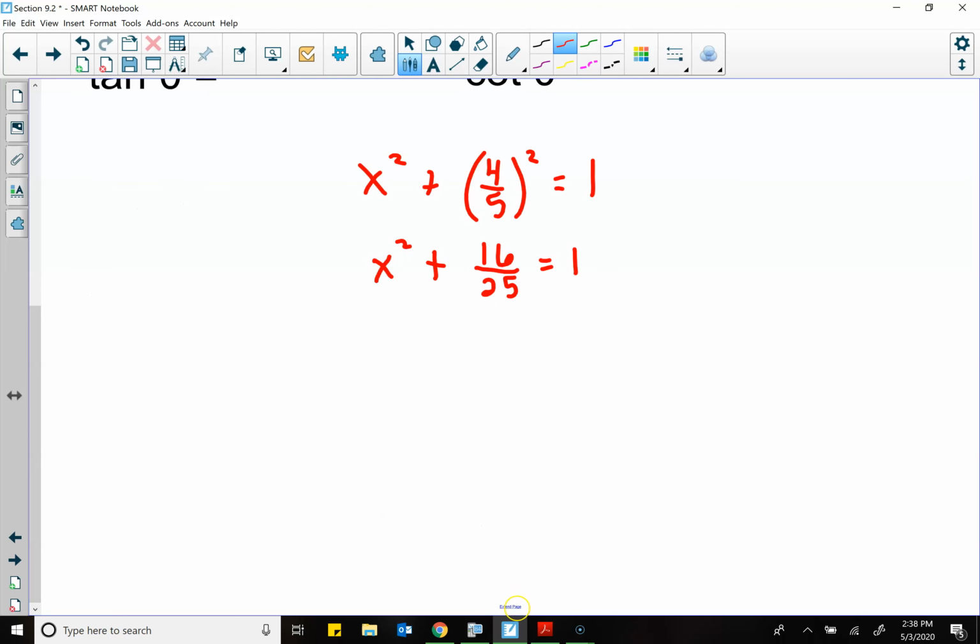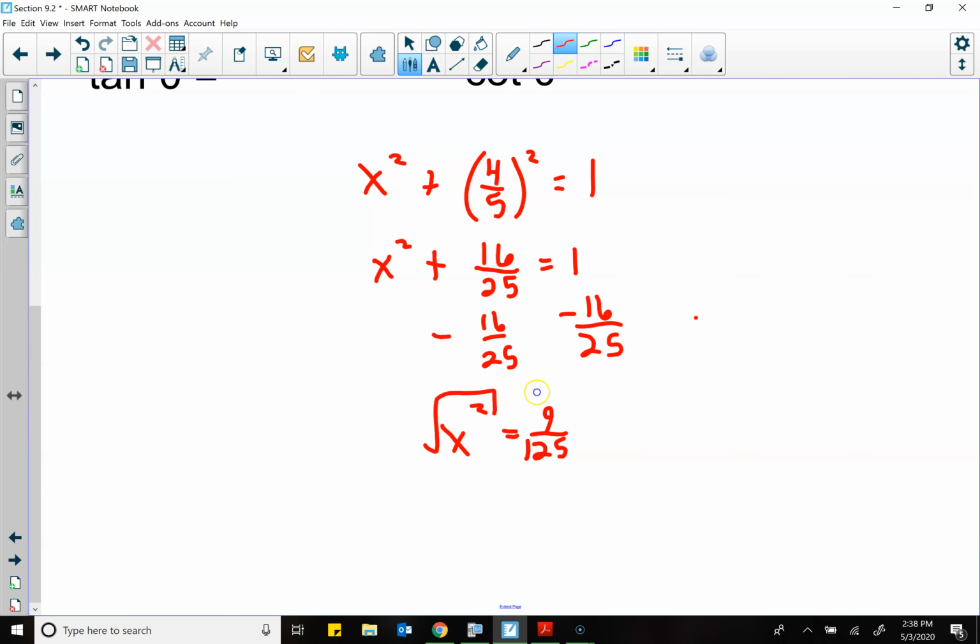All you got to do is subtract 16 over 25 from both sides. And x squared is equal to 9 over 25.